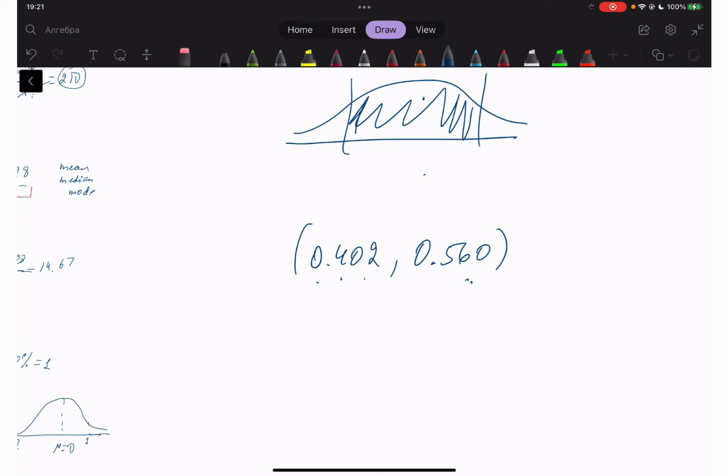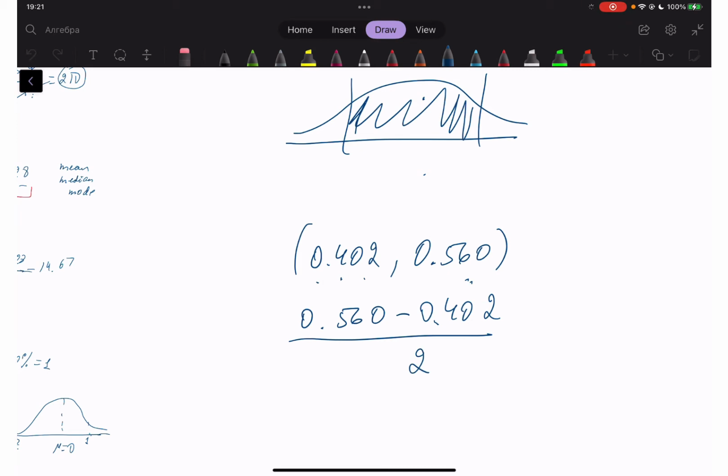Now we need to find margin of error. To find margin of error, I'm going to take the highest value 0.560 minus the lowest value 0.402 and divide by 2.